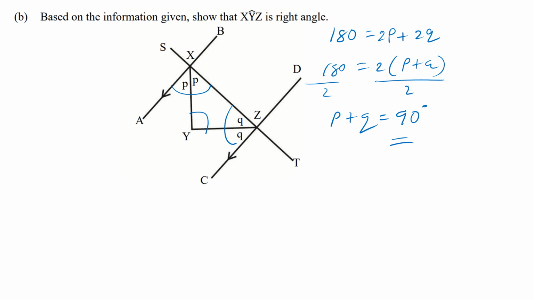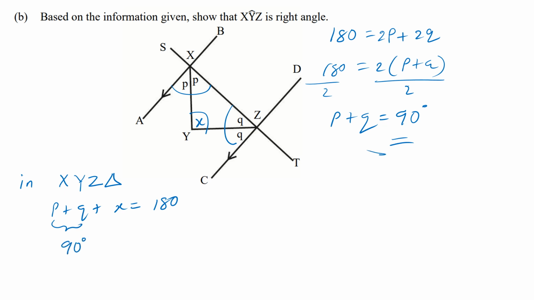And here you have something like this. I can write this x in the XYZ triangle, p plus q plus x is equal to 180, and you know p plus q is 90.